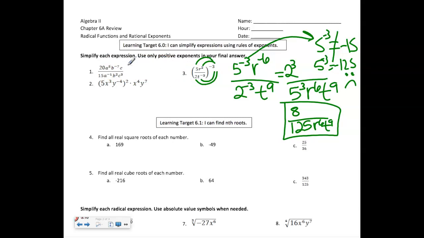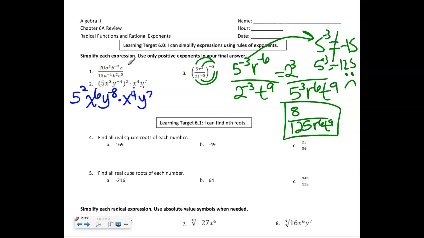Number 2 here, again, I could move my y down, but what I'm going to do first is distribute that 2. So what I have is 5 to the 2nd, I have 8, x to the 6th, y to the negative 8. These two, we're just going to bring those down, so I'm going to have x to the 4th and y to the 7th.